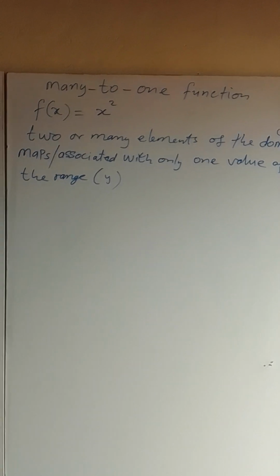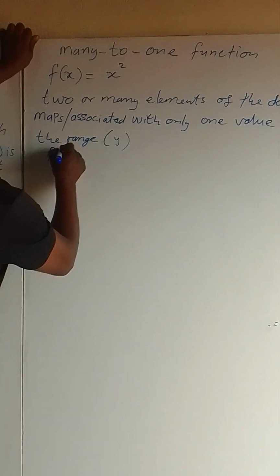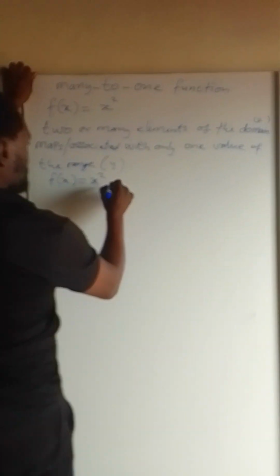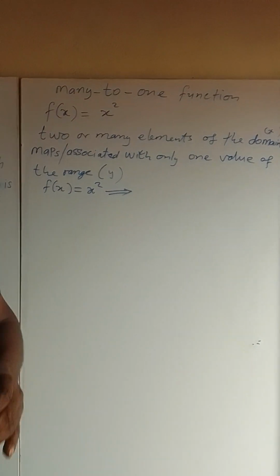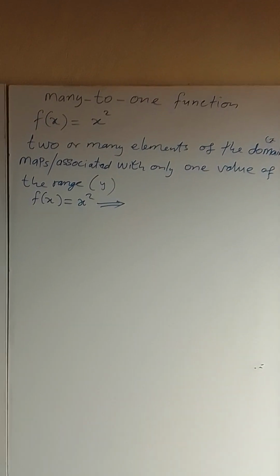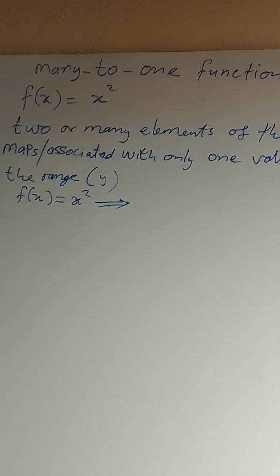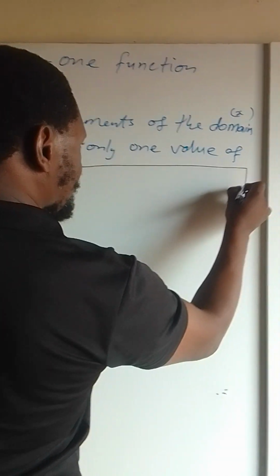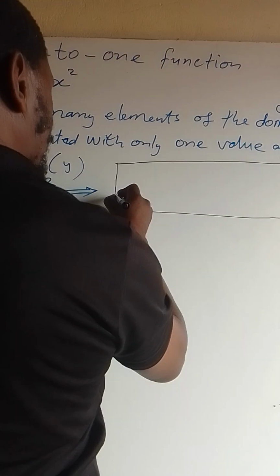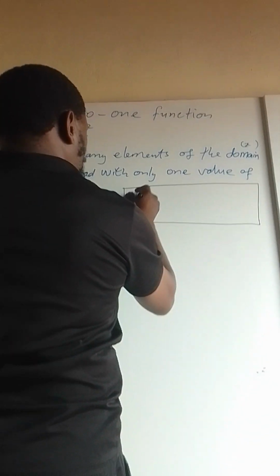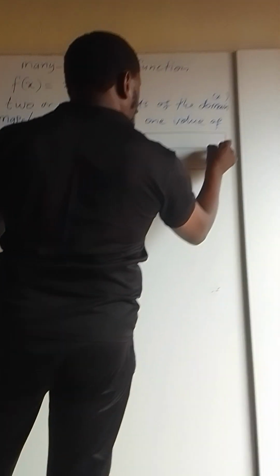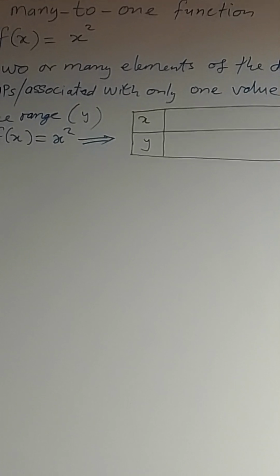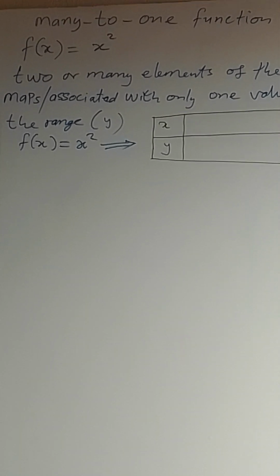So let's do the example here. We are going to have f(x) equals x squared. In this case, we are going to have a table of x values.